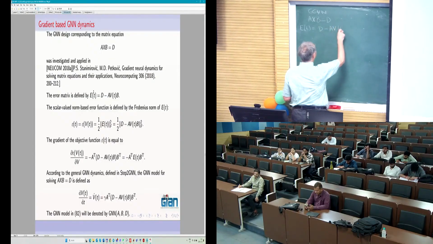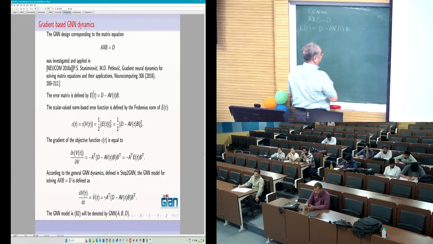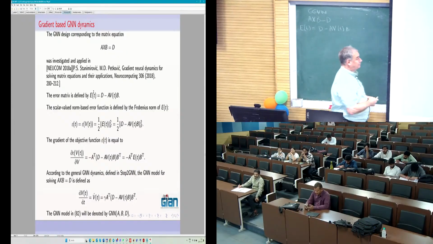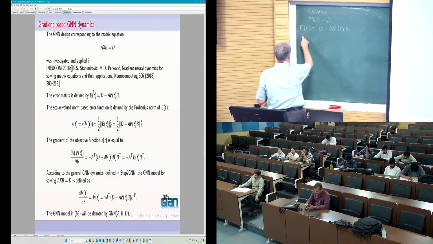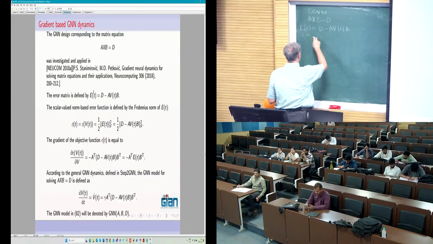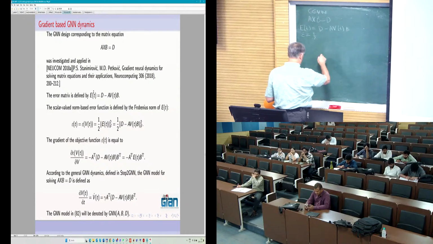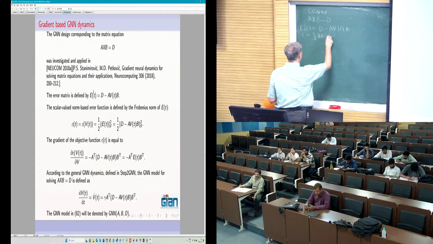Then we need a goal function defined as the Frobenius norm of E(t).